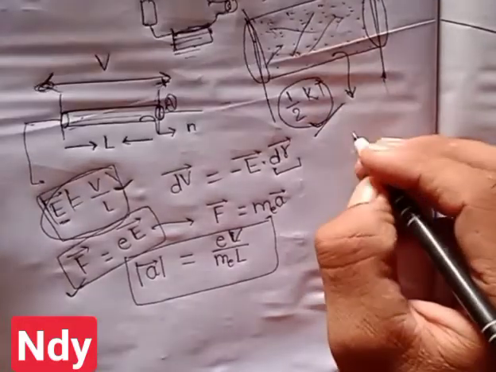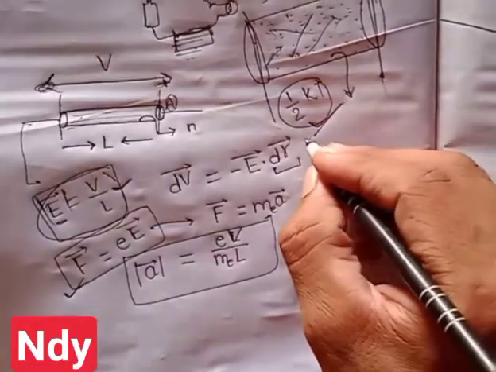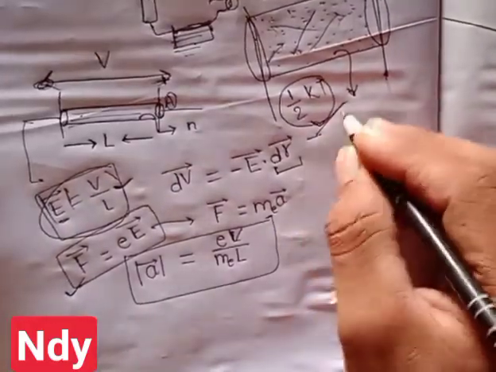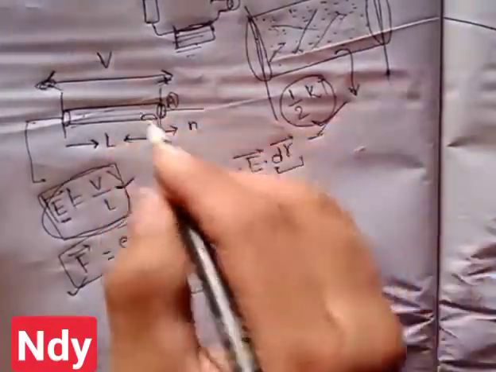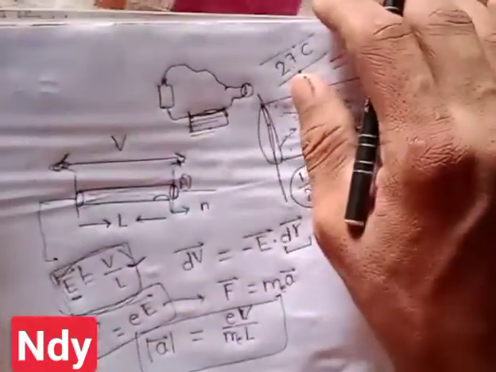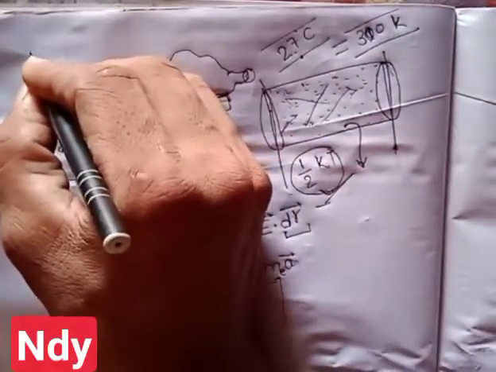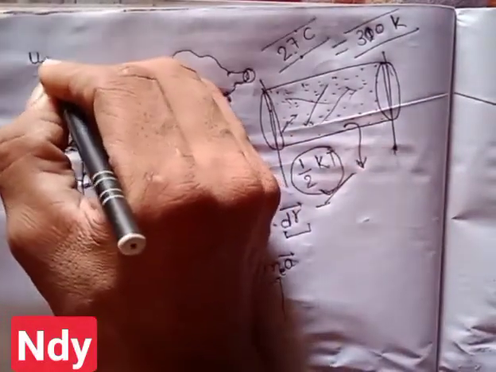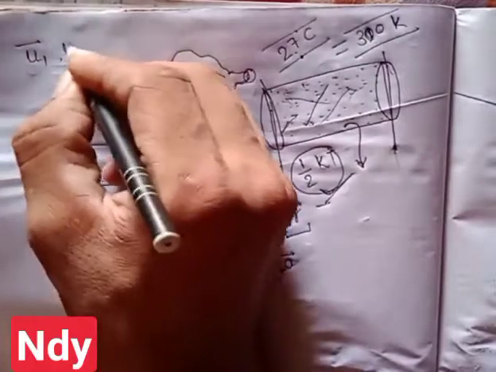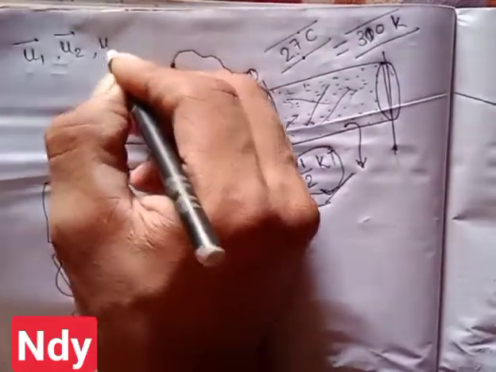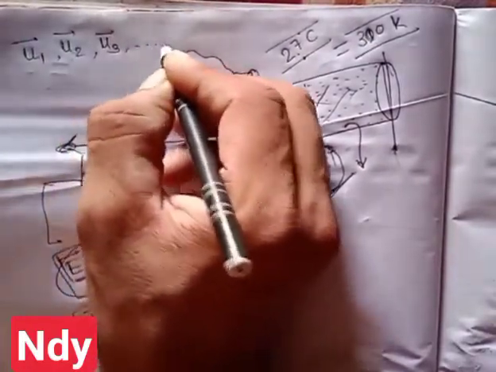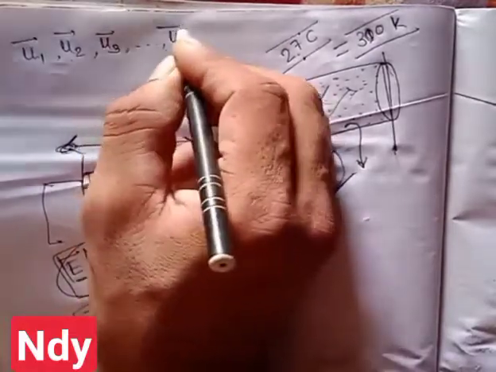Due to random thermal motion, there are n electrons, so let their velocities be u1 vector, u2 vector, u3 vector, and so on up to un vector.